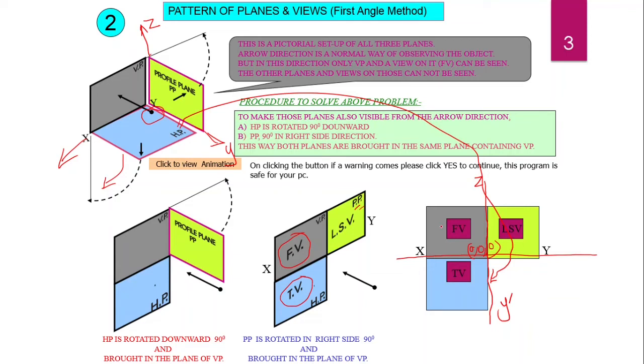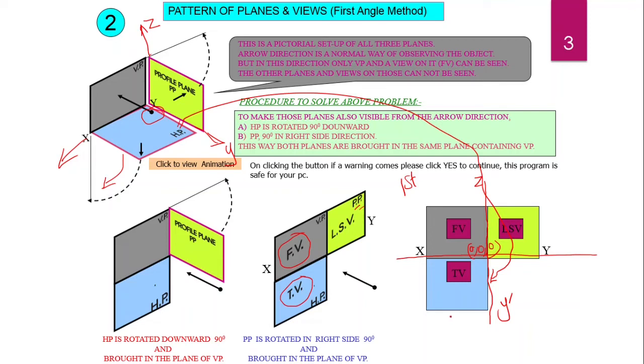Then in first angle projection, or projection in first quadrant, the front view and left side view or right side view is always above the xy line, and the top view is always below the xy line, and this left side view is at the right-hand side of zy dash.